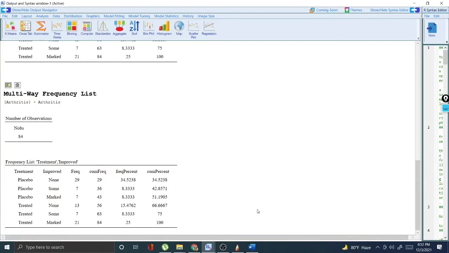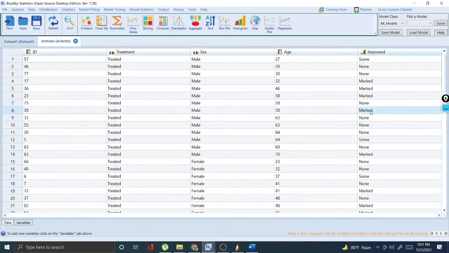Now let's talk about the chi-square test. My dear learners, usually we apply the chi-square test to see whether two variables, for instance here treatment group or gender or age or improvement, have any relationship or interdependency.